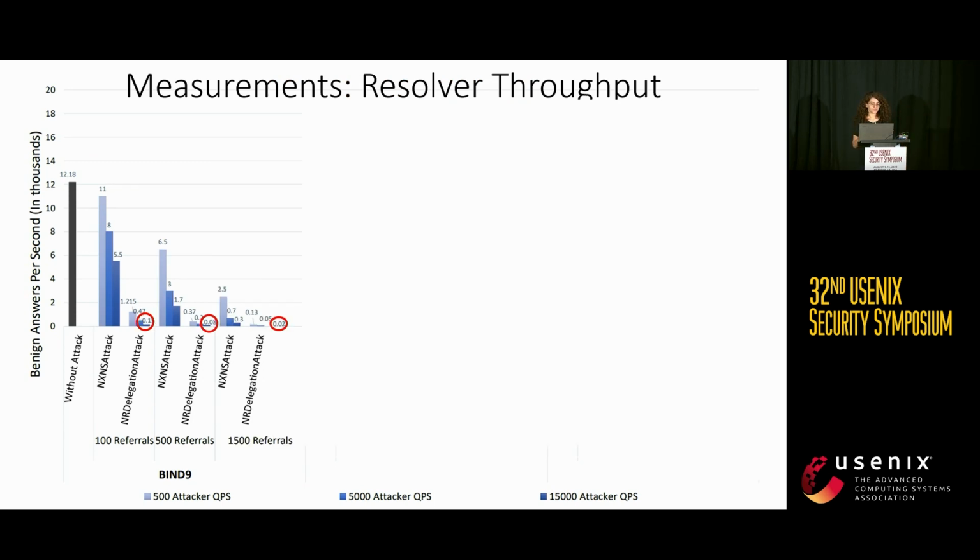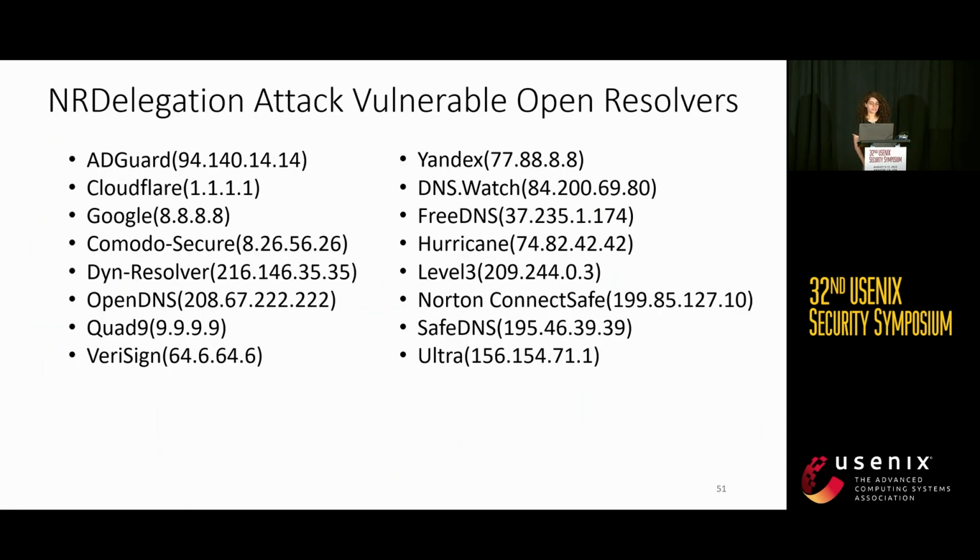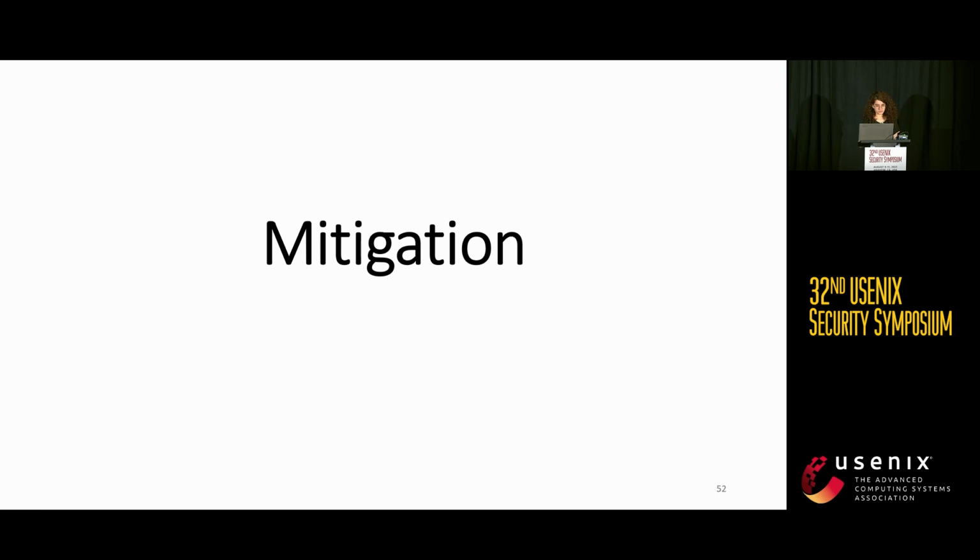And when using 1,500 referrals in the referral list, this number is dramatically reduced to 20 requests, and then the server completely denies service to any legitimate clients. And of course, we tested the attack on other vendors, and we observed similar behavior from all of them. Also, we tested the attack on 16 open resolvers, which all seem to be vulnerable to the attack.